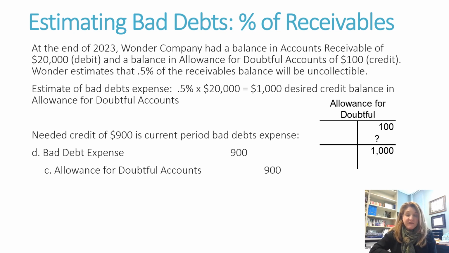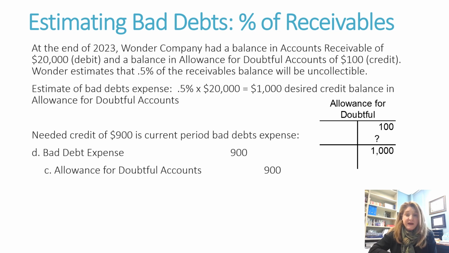In terms of estimating using the percentage of receivables basis, we're going to go back to our Wonder Company example and say at the end of 2023, Wonder had a balance in accounts receivable of $20,000 and a balance in allowance for doubtful accounts of $100. So the balance in accounts receivable is a debit balance and the balance in allowance for doubtful accounts is a credit balance. So we're estimating 5% of accounts receivable, or 5% of $20,000 equals $1,000.